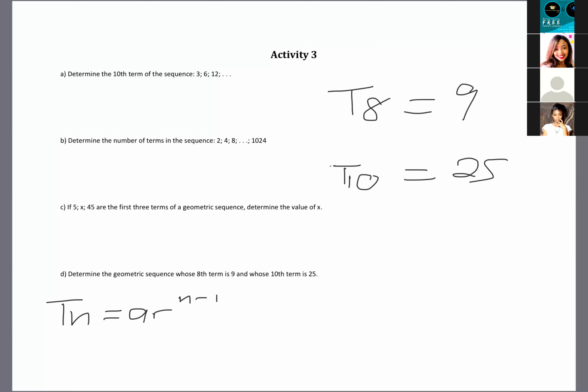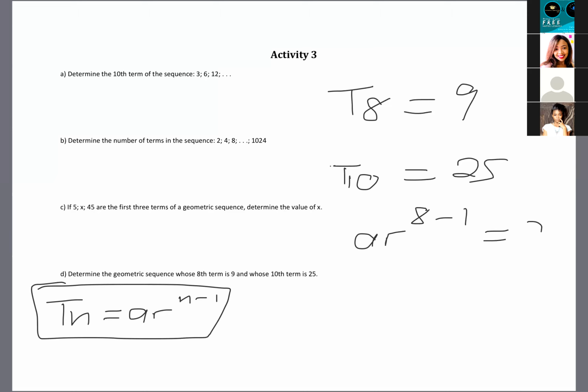Yes. So if you have a question like this, then what you know is that this is your general formula for any geometric sequence. If they tell me that T8 is equal to 9, then I'm going to say ar to the power of 8 minus 1 is equal to 9.